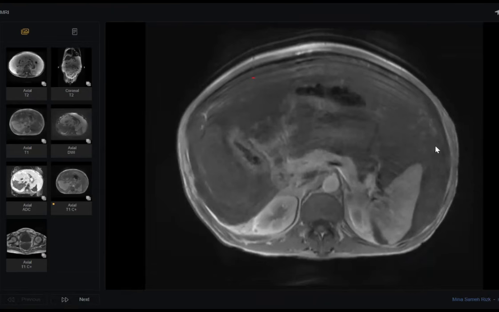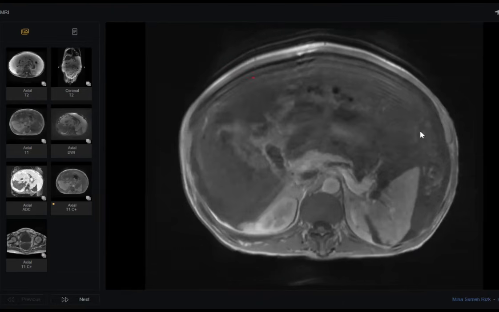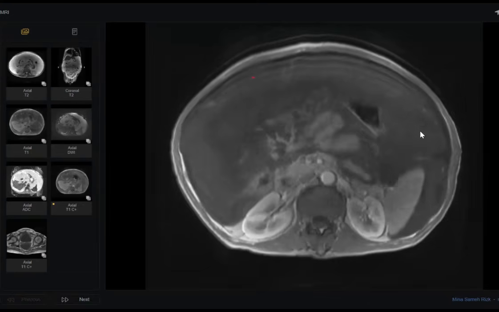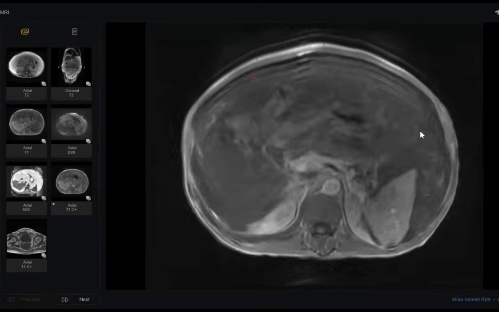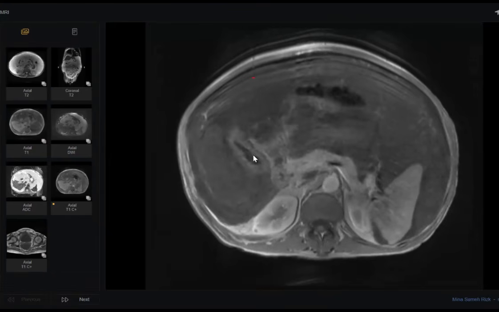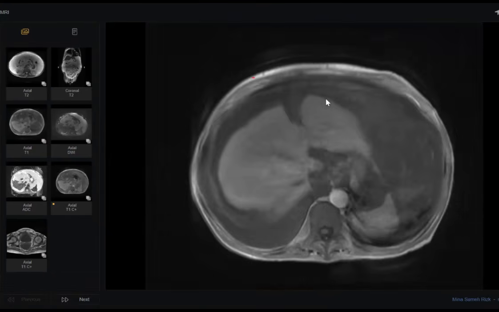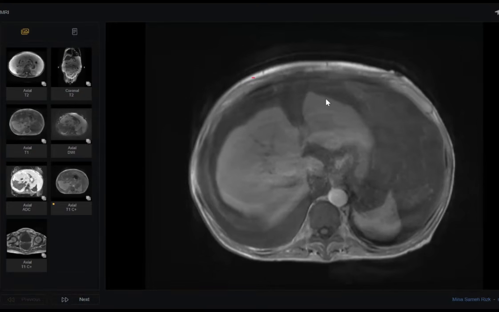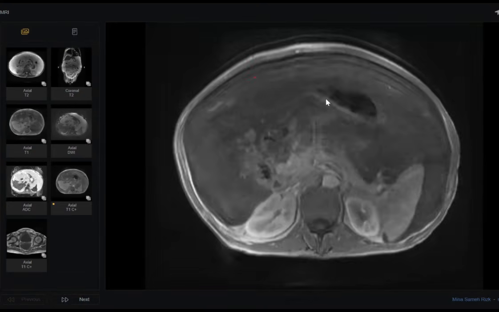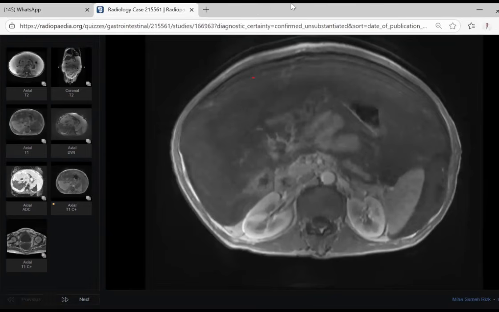Is this omental caking? You may feel this is some carcinomatosis of the peritoneum, but finally there is no enhancement. This is the bowel, and all the rest of the lesion is pseudomyxoma peritonei expanding and distending the abdomen. Thank you so much, all of you.